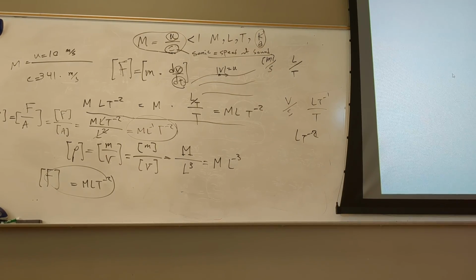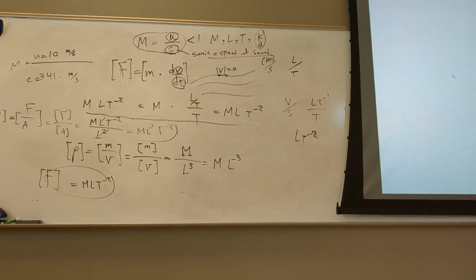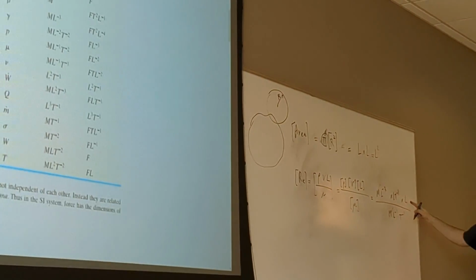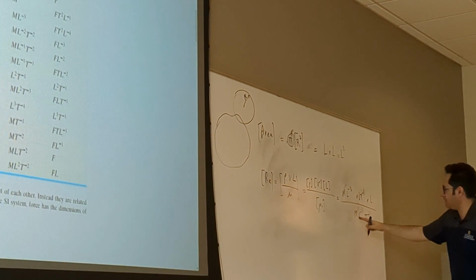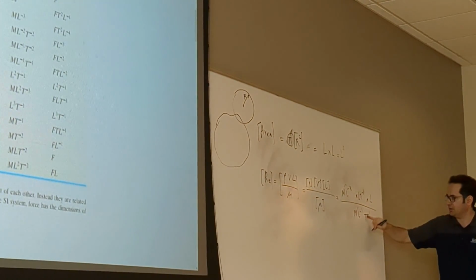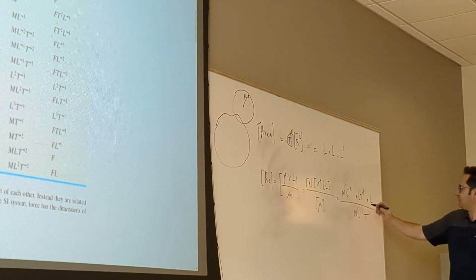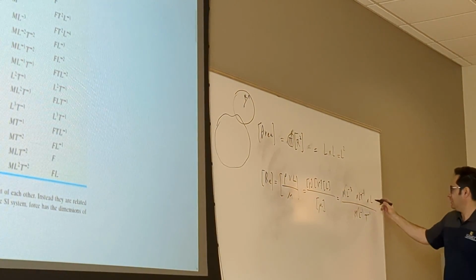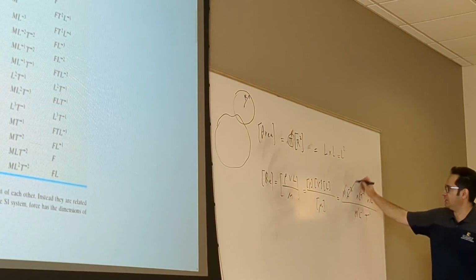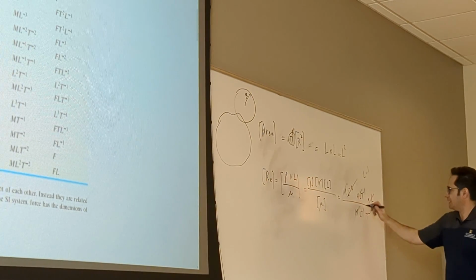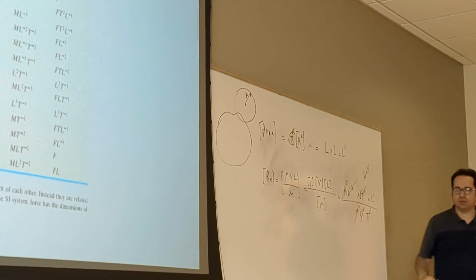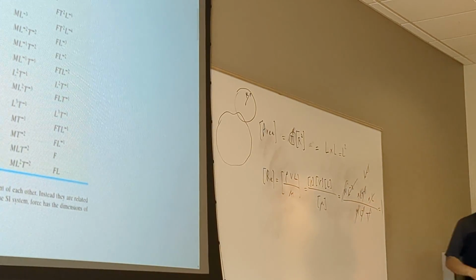So M L negative 3 times L T minus 1 times L, divided by the kinematic viscosity, which is dynamic viscosity, M L minus 1 T minus 1. Now see, this cancels out with this. L squared with L negative 3, you get L negative 1, which cancels out with this. This one cancels out with this, and M cancels out with M. So you get what? 1.